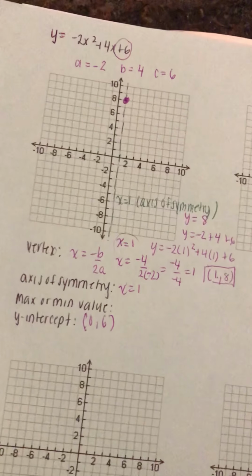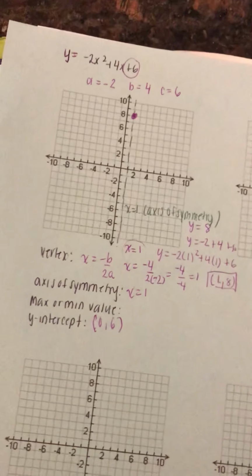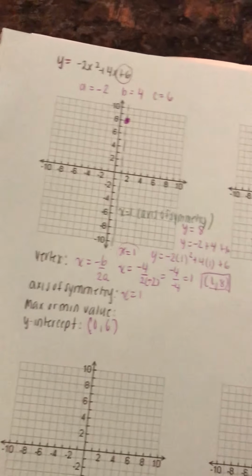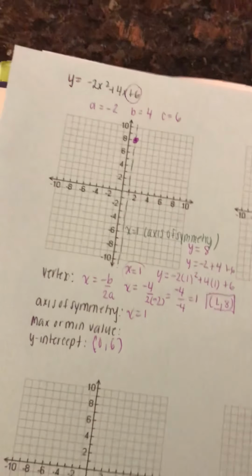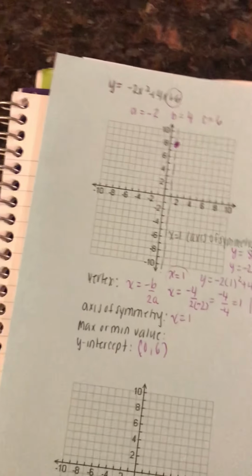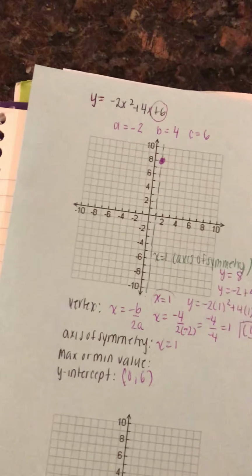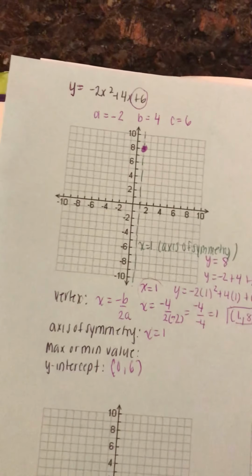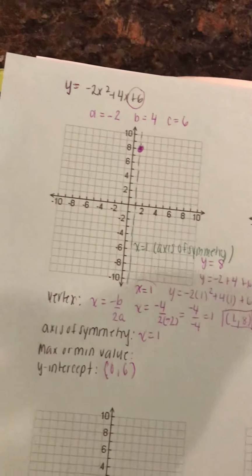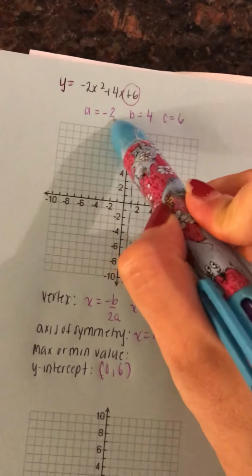There we go. And now we want to know if we're going to get a maximum or minimum value. That is either the maximum or minimum y value of the parabola. In this case, we notice that the value of a is negative. So we have negative 2.